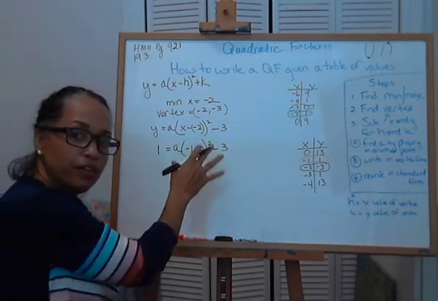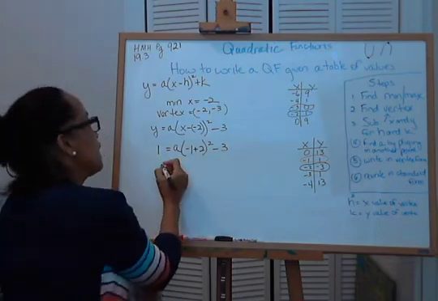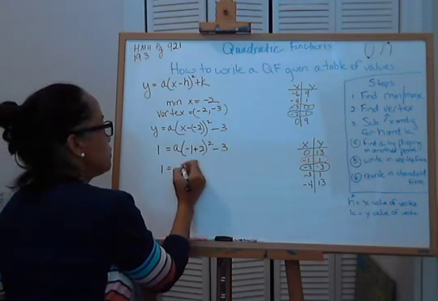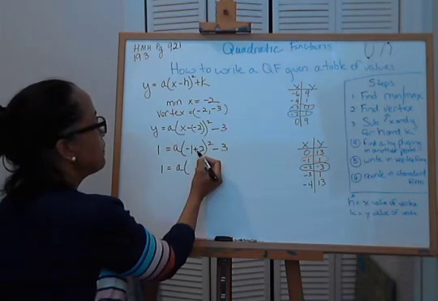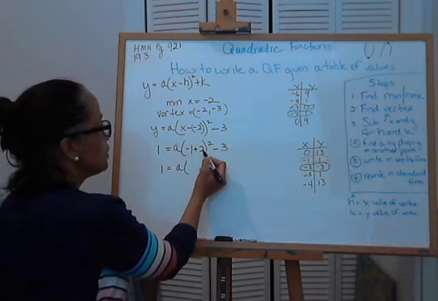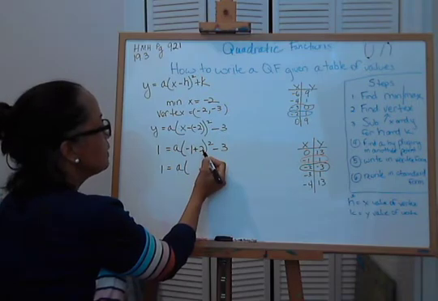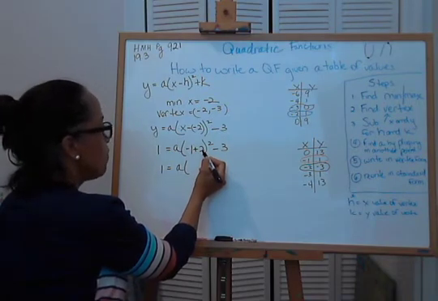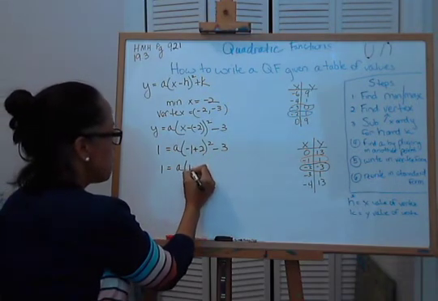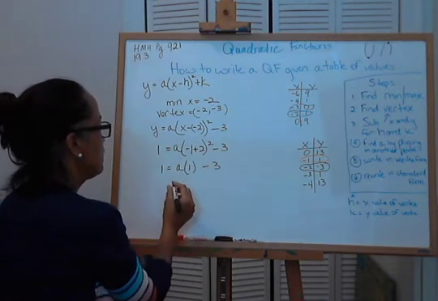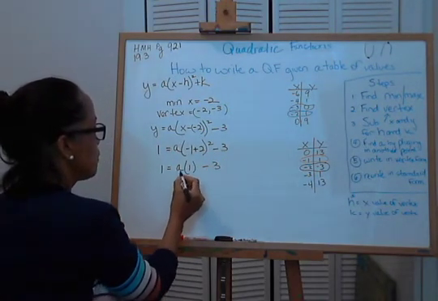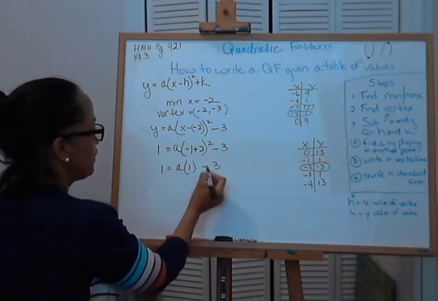I only have one variable here, so I can solve for a. 1 is equal to a times (-1 plus 2, which is 1), and 1 squared is 1, minus 3. All right, so I have a is equal to 1, and I have -3.